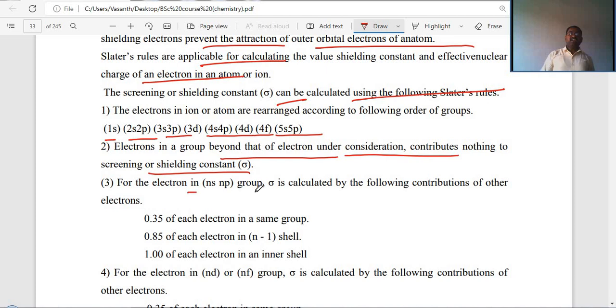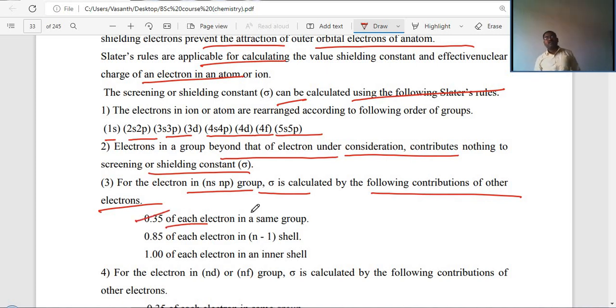For an electron in an ns group, sigma is calculated by the following contributions of other electrons: 0.35 for each electron in the same group, 0.85 for each electron in the n-1 shell, and 1.00 for each electron in an inner shell.